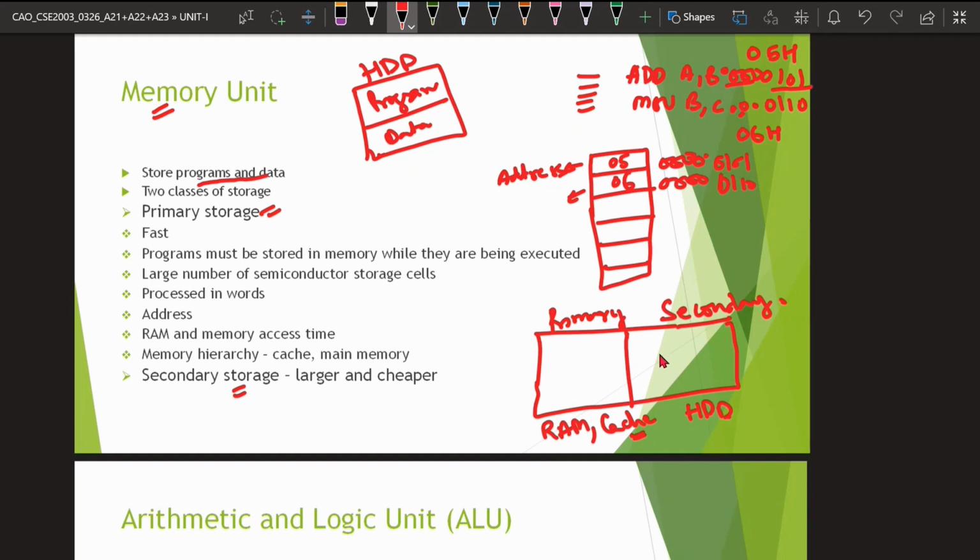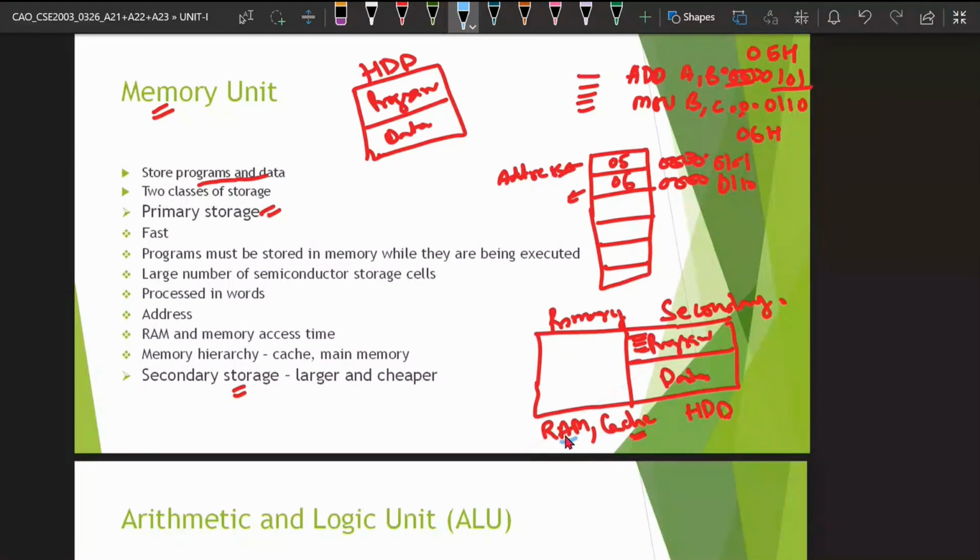So here it is having the program as well as the data. When the processor starts execution of a particular instruction in this program, it is going to fetch that instruction. Once it fetches it from the secondary memory, it will store it into the primary memory, so it will be stored into the RAM.